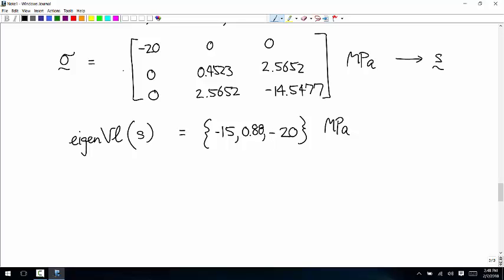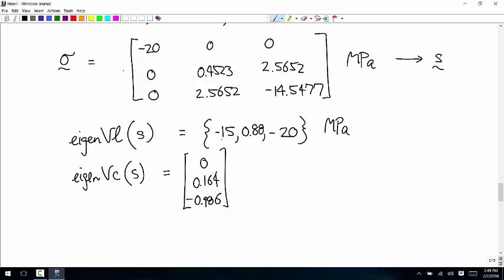So eigenvectors of S gives you a matrix. The axes are the columns of that matrix. So we have 0, 0.164, negative 0.986.